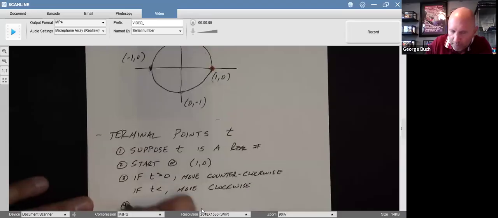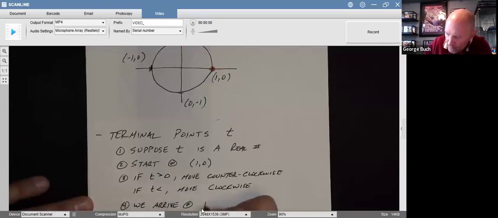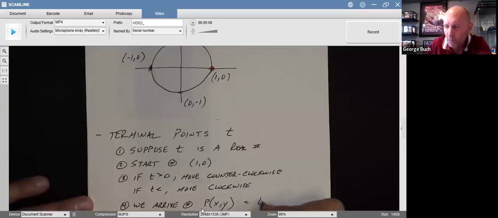And wherever we end up, we arrive at some point notated as P(x, y) for our x, y coordinates. And this is our terminal point for our value of t.